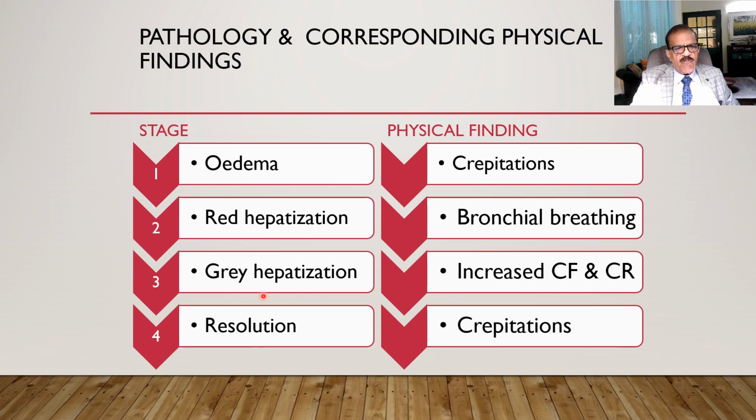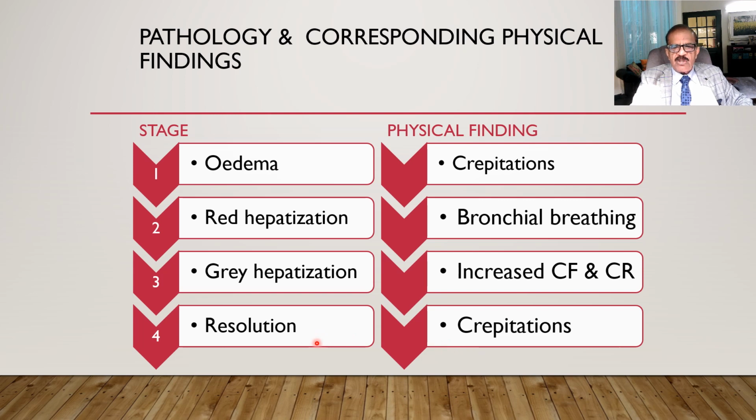And lastly, once there is resolution, again a situation similar to the initial one, you would have free fluid in the interstitium and alveoli, and then crepitations will develop again.